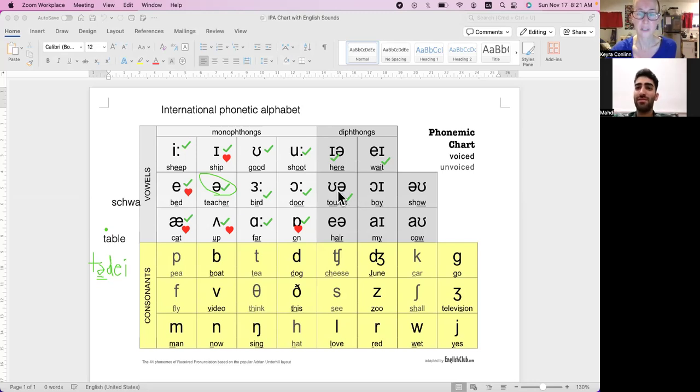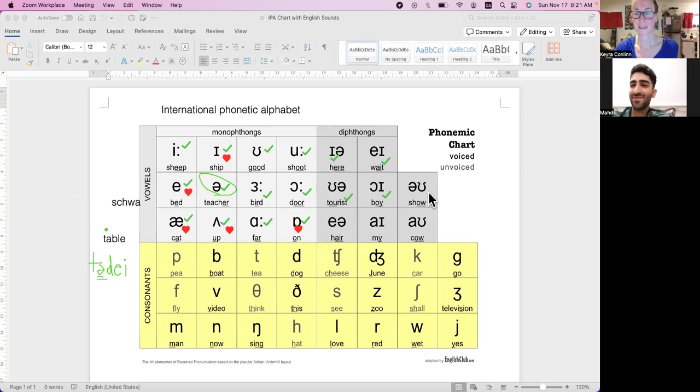We have a and a short schwa sound. So ur. Then oi. Very clear difference. Oi. Boy, boy, toy, etc.